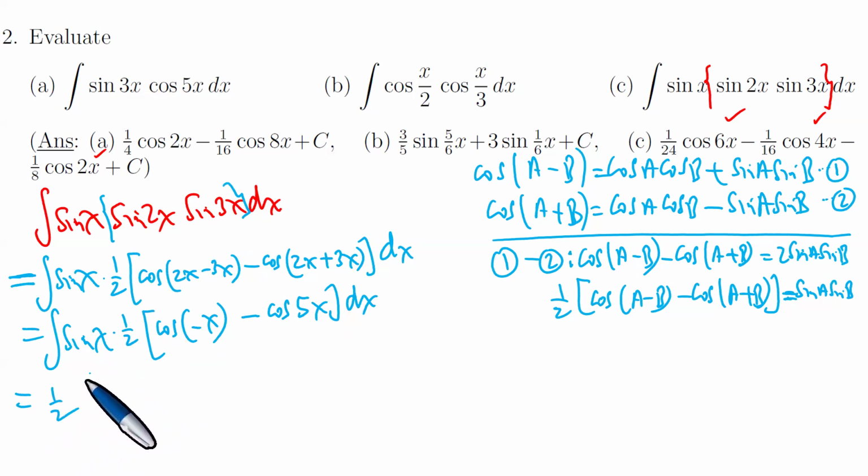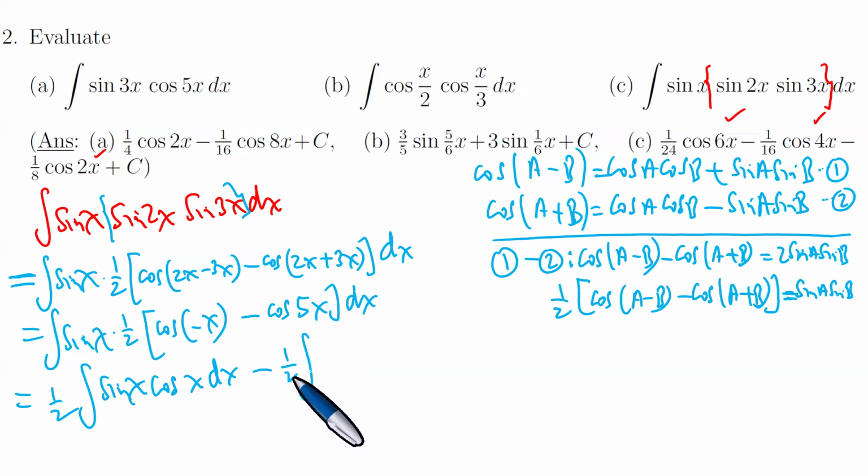So this is 1/2 the integral of the sine of x, cosine x. So cosine minus x is the same as cosine x, dx. Minus, so there's a minus here, 1/2 the integral of the sine of x, the cosine 5x, dx. Like this.